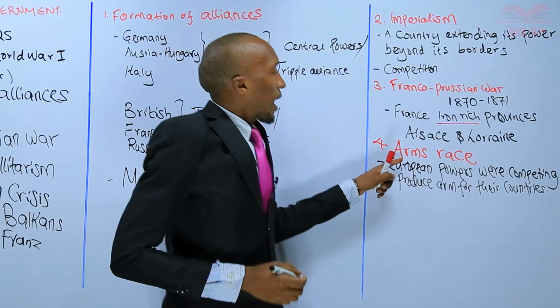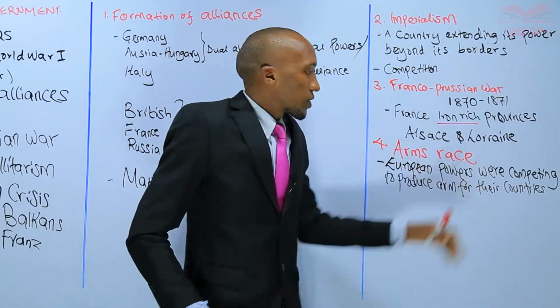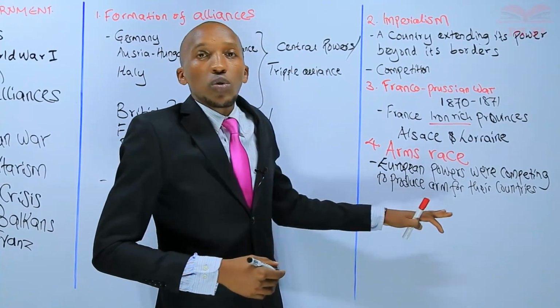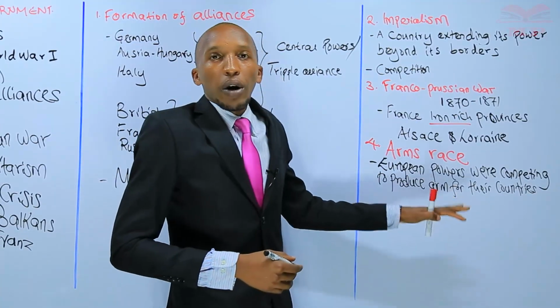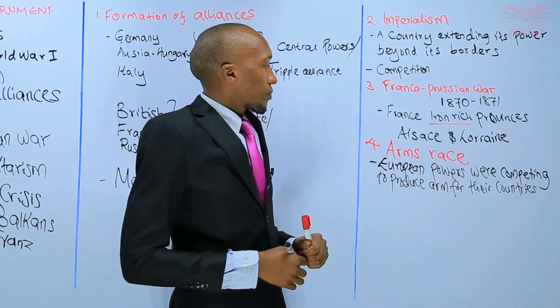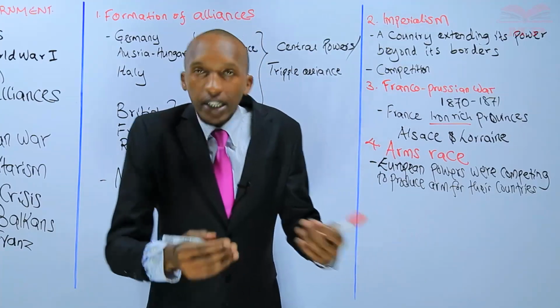When you talk of an arms race, it is the situation where the European powers were competing against one another to see who is going to produce more powerful weapons, more disastrous arms. They were fighting whose military is stronger.